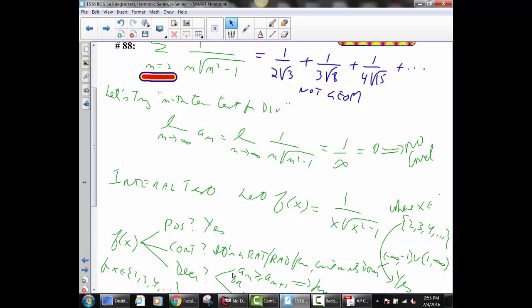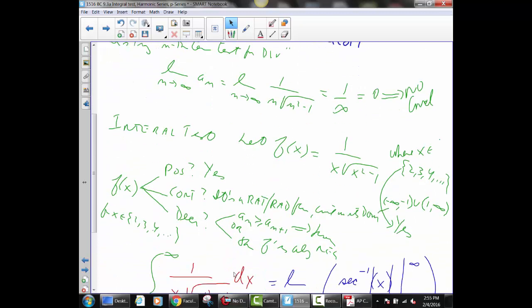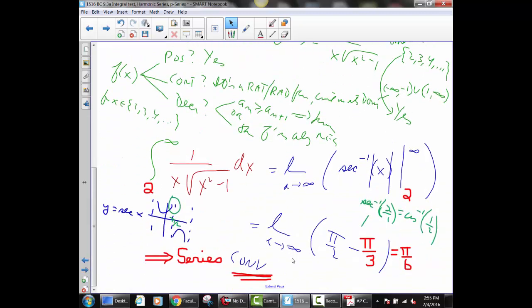It is continuous because it's a rational/radical, continuous on its domain, which is less than -1 or bigger than 1. And sure enough, ours is actually bigger than 2 because it starts at 2. Is it decreasing? So your choice, you can either show it the old-fashioned way by showing the a_n's are greater than or equal to the a_(n+1)'s, or you can show that the derivative is always negative.